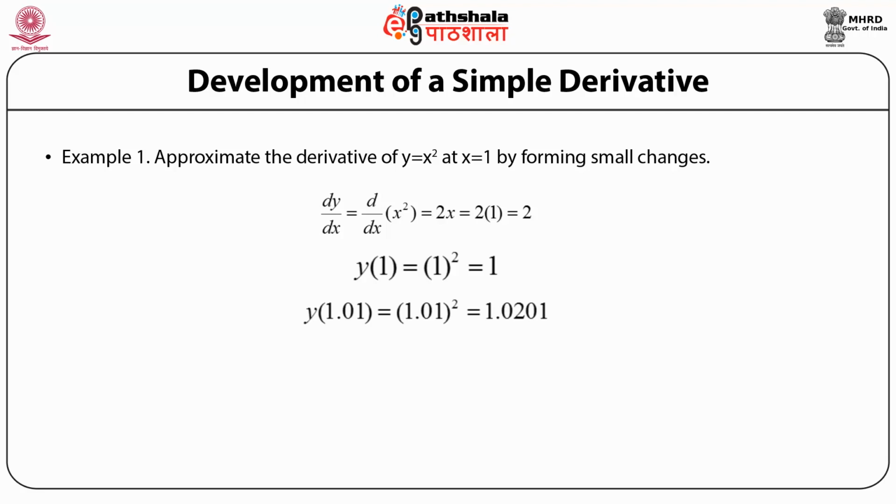That means this is for the y plus delta y. So therefore delta y is equal to 1.0201 minus 1, which is 0.0201.